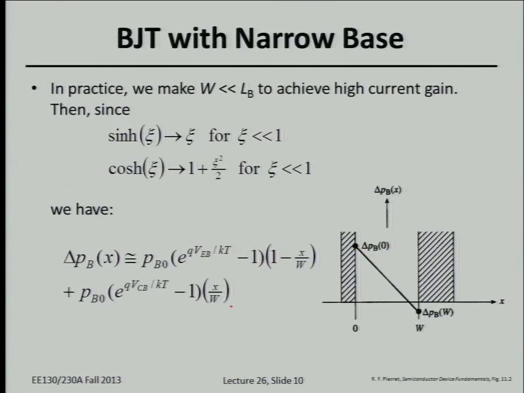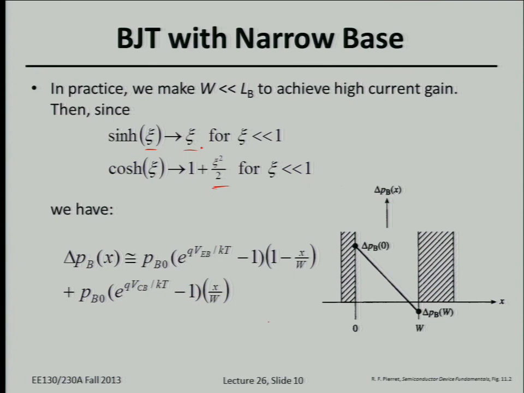If you want to keep track really closely, you can keep track of this little term here. But hyperbolic cosine essentially goes to approximately 1 if that argument is really small, and hyperbolic sine can be replaced by the argument itself if it's very, very small.